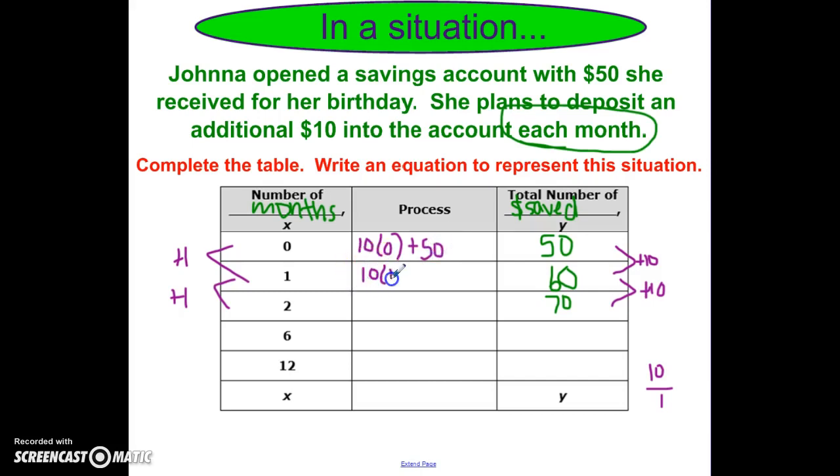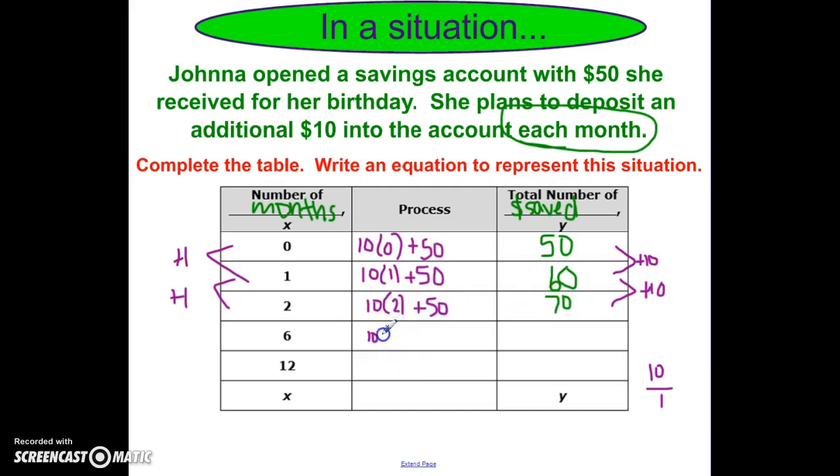$10 for the first month, plus the $50 she opened it with would be 60. $10 for the second month, plus the $50 she originally had in there equals 70.